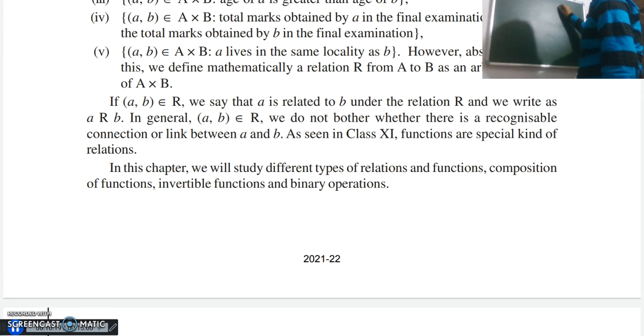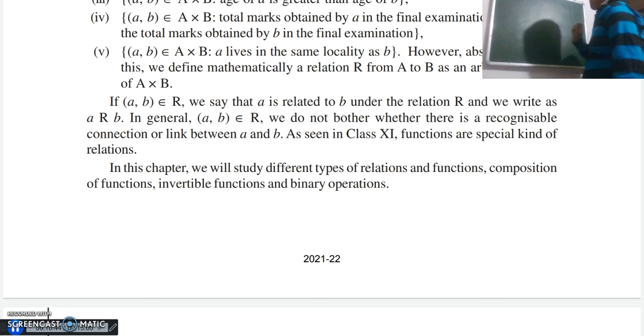If A, B and C belong to A, and there exists a relation R from set A to set A, and in the question it is given that (A, B) belongs to R and (B, C) belongs to R, and if we are able to prove that (A, C) exists in the relation R, then it is transitive, or else it is not transitive.